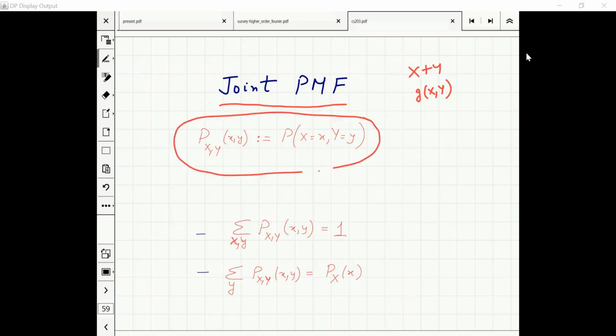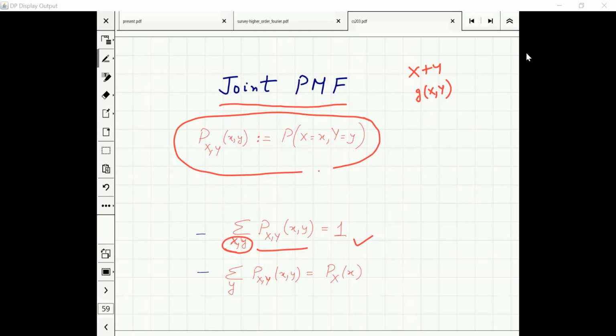By definition. So if someone tells you there is a sample space, there are two random variables, and you want to operate on those two random variables, you should have their joint probability mass function. What are the things which a joint PMF should satisfy? Clearly, if I sum up over all possible choices, my probability should be 1. Right?